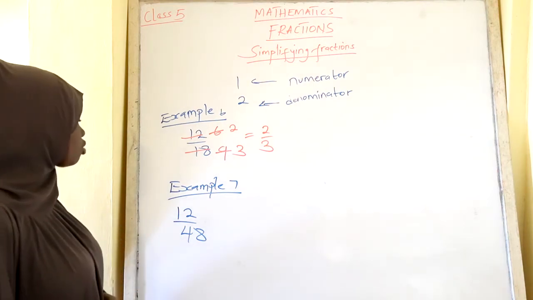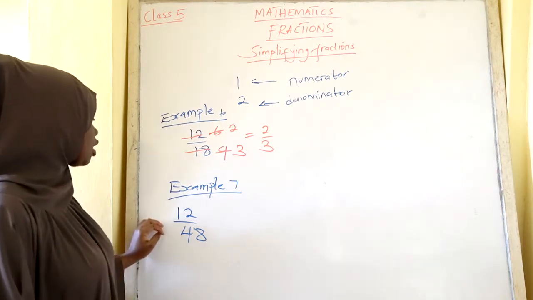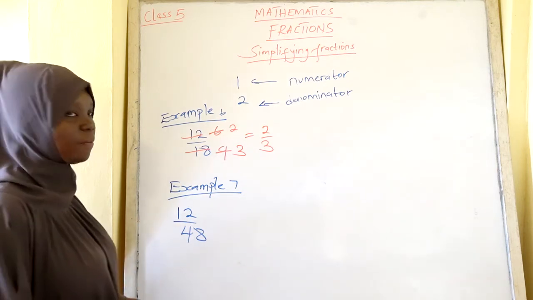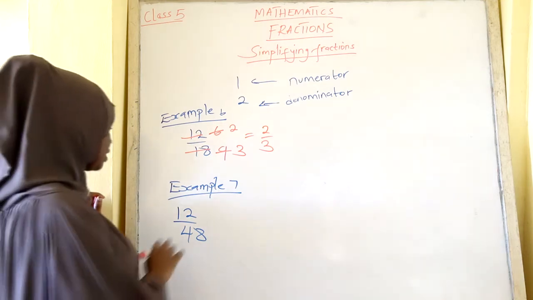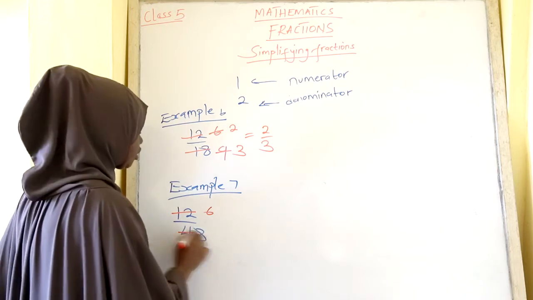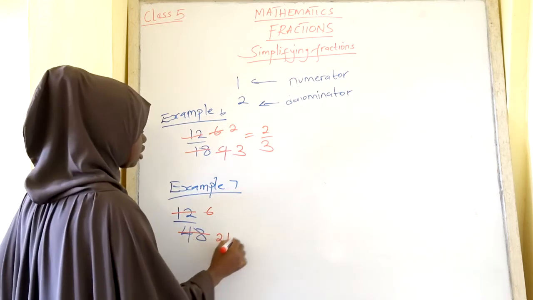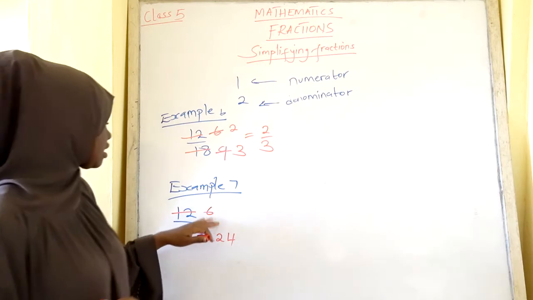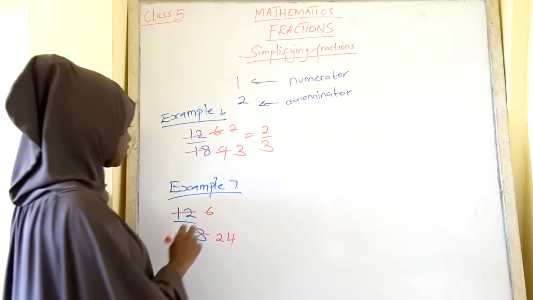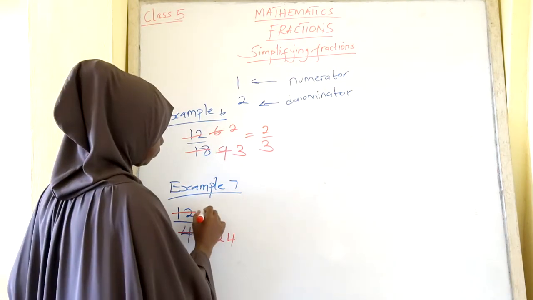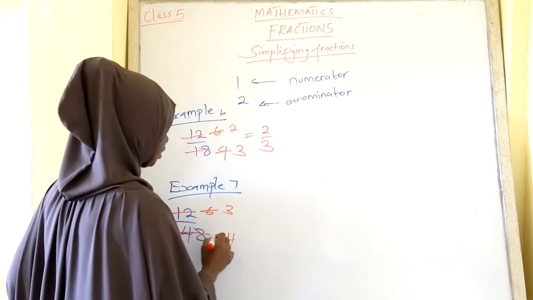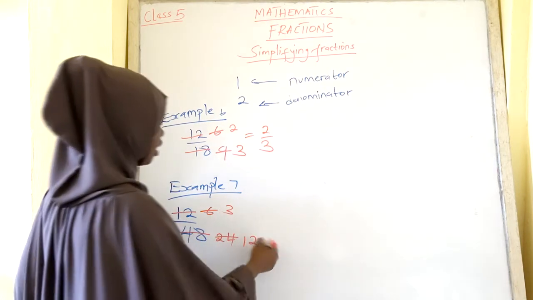So we have 12 out of 48. Our common number that we can divide both the numerator and the denominator by is 2. Let us divide 12 by 2. We shall get 6, and then 48 by 2 we shall get 24. We cannot leave it here because we can also divide further. So let us divide again by 2. 6 by 2 will get 3, and 24 by 2 will get 12.